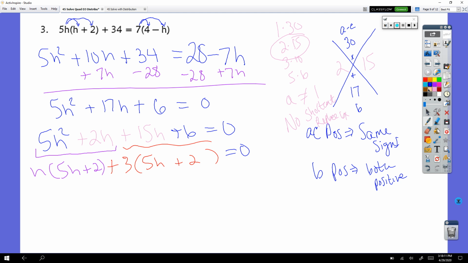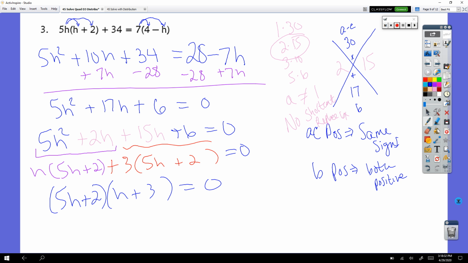So I've gone from 4 terms now to 2 terms. And what's in common for the 2 terms is the parentheses 5h plus 2. So that's my new GCF. It's one of my factors. And the remaining factor is the h plus 3. Again, keep this in equation equal to 0.